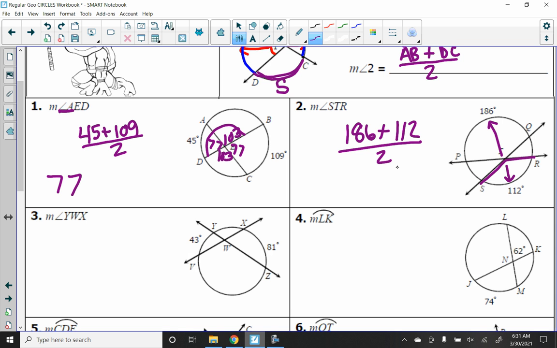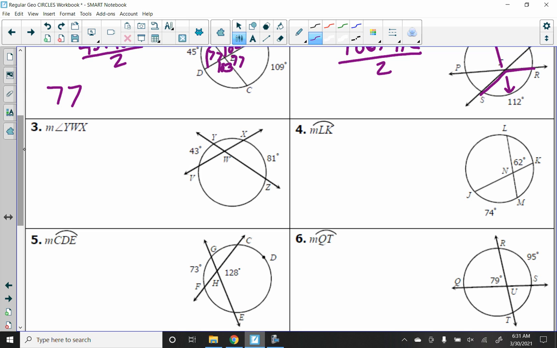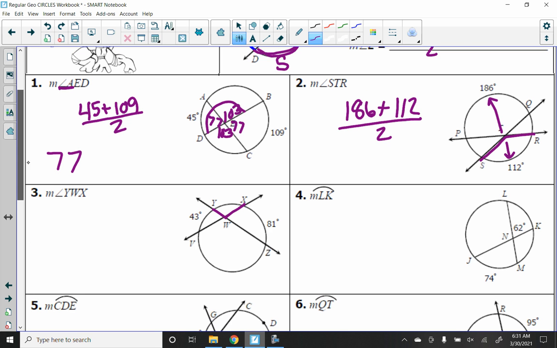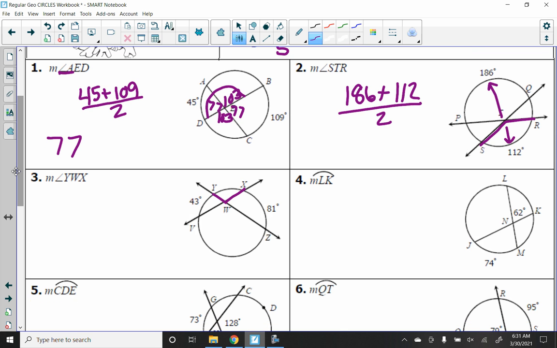All right, moving on to 3, YWX. It looks like we can't find that angle with the 2 arcs provided. But if we focus back on what I talked about on the one above it, you can find the supplementary pair to it.